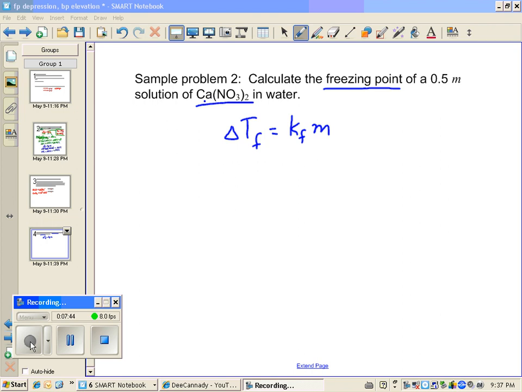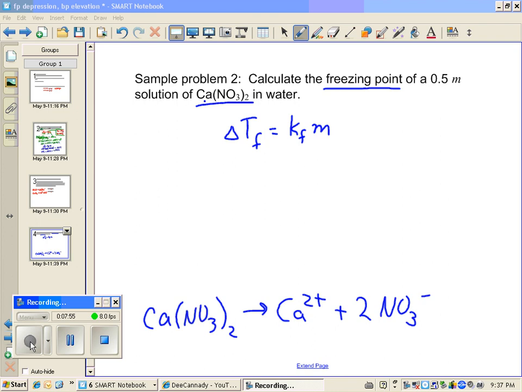It looks like this. Okay, so it's 1, 2, 3 particles. All right, so I'm going to have to put that i on there too, since it breaks down into 3 particles. And so what I'm going to do is take my information.